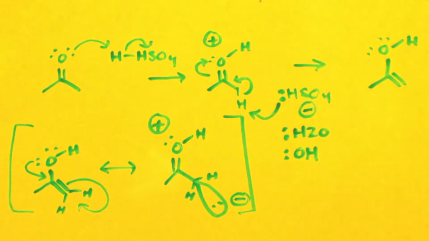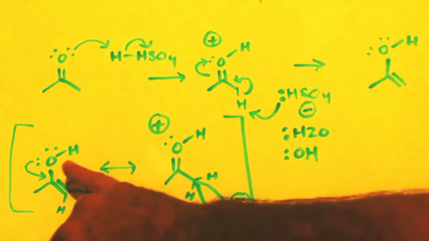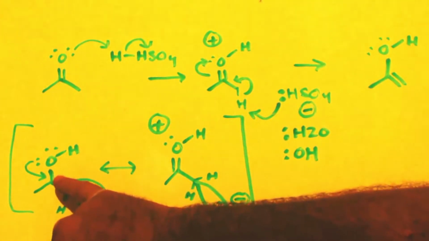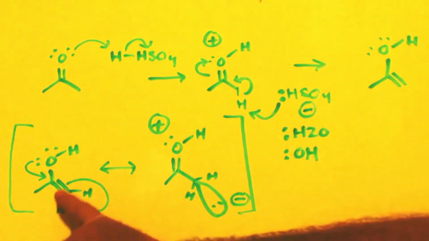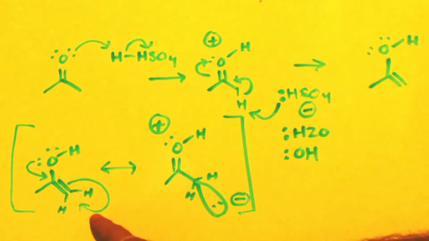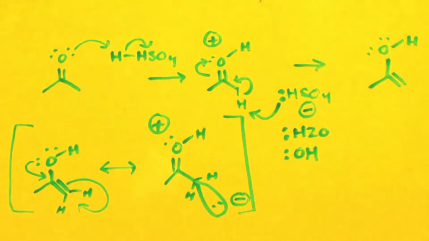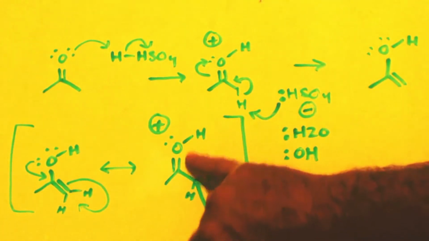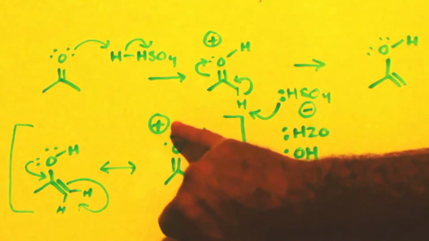So anyways, your enol can resonate back and forth between these two structures, right? You could have the electrons jump down, forming your double bond again, and this double bond goes out here to your empty orbital. So now you have a tetrahedral carbon here, you have your double bond here, but now you have an oxonium ion.